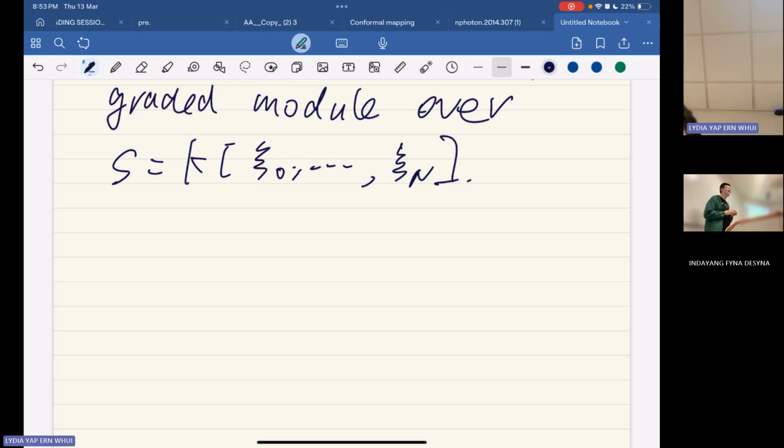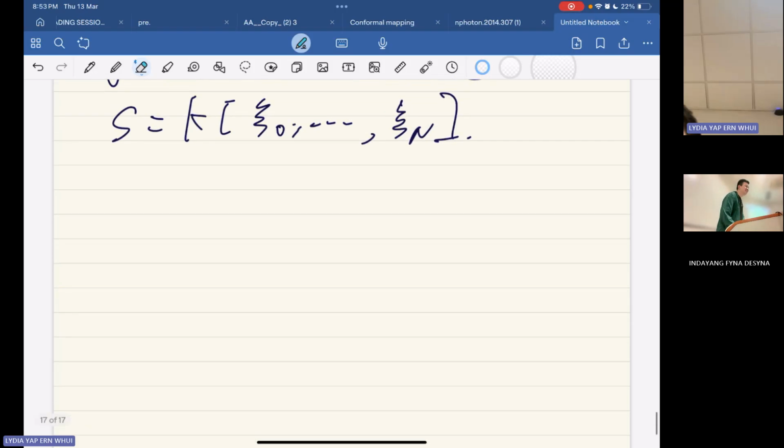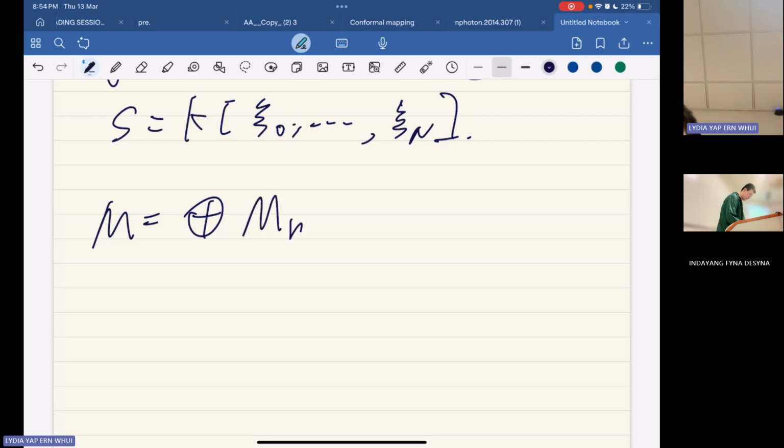And if we think about the easier case, it is when we choose n equals to -1, then S is just equal to K, right? Okay, and we see since M is a graded module, we can write it as a direct sum of Mm.